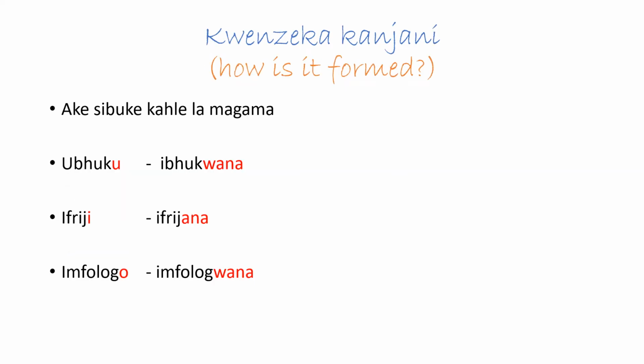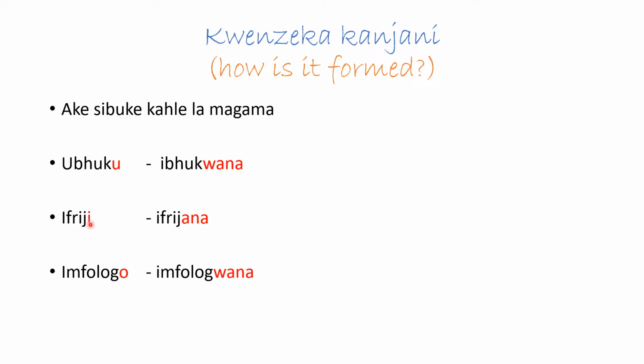Kuyini ke ukunciphisa? How is it formed? Let's look at these nouns I have here. Here is our noun, ibhuku. I want to draw your attention to the last vowel of the noun, in red. When it's small, we say ibukwana. The next noun is ifriji.